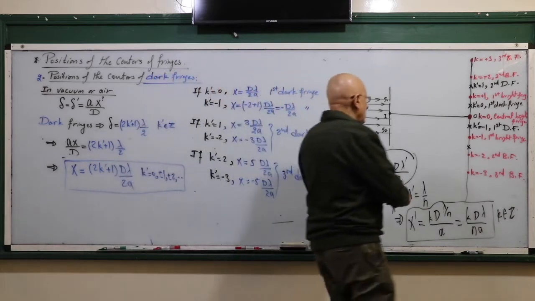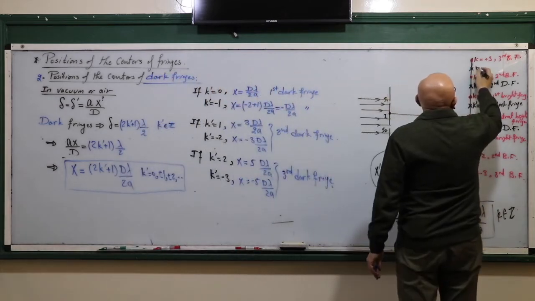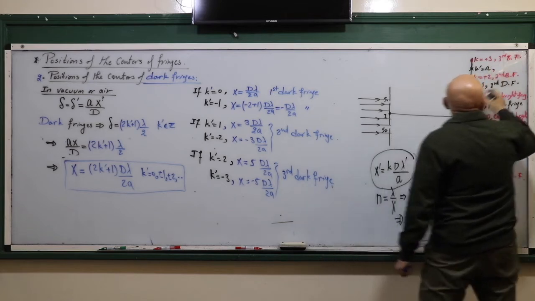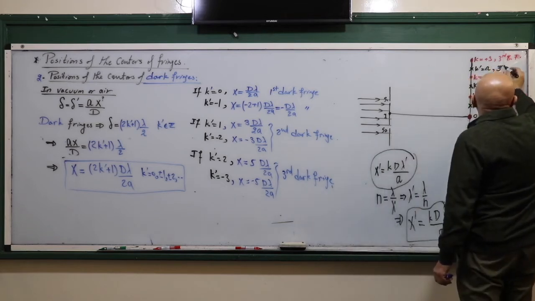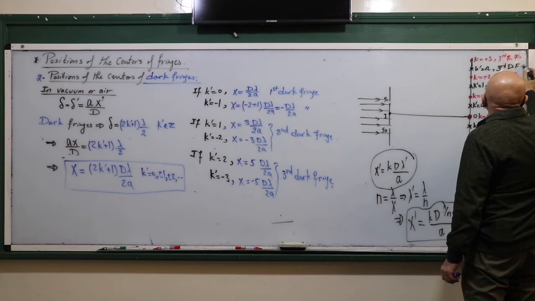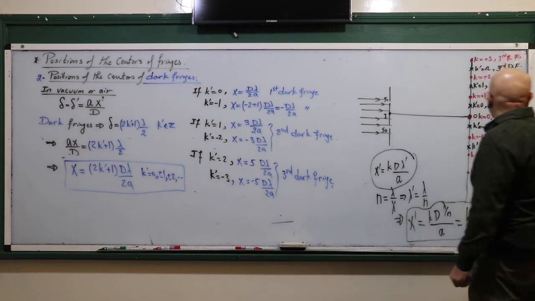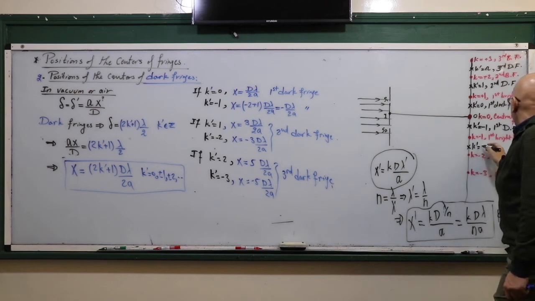So this one, K prime equal plus 2, gives you the third dark fringe, and this one, K prime equal minus 2, this is the second dark fringe.